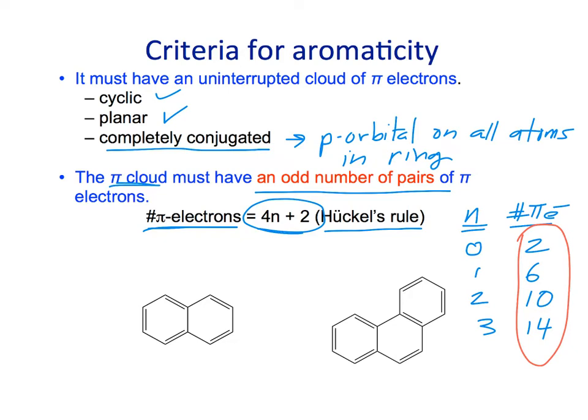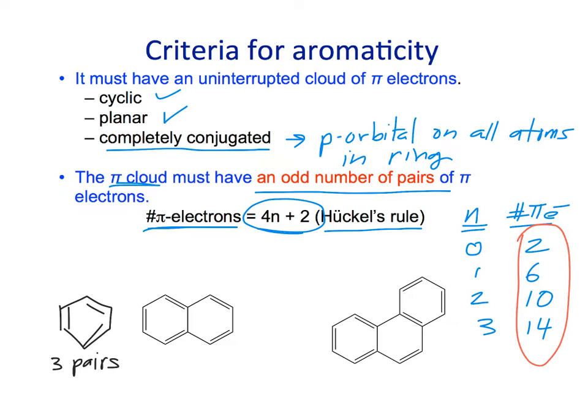Okay, so let's start with benzene over here. All right, so for benzene, we could either count the number of pairs of electrons, which means kind of counting the number of pi bonds. So we'd have 3 pairs, right, of pi electrons.